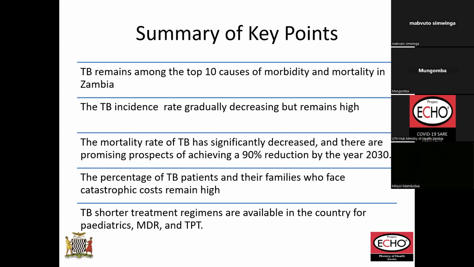And then the other one is, if we look at our End TB strategy, the catastrophic costs one, there is support given to MDR patients in terms of access to TB drugs, but are there any funds for non-MDR patients to access care? Because we know that sometimes even a normal TB patient can have challenges accessing TB care, especially in rural areas, looking at the distances from health facilities. Thank you.